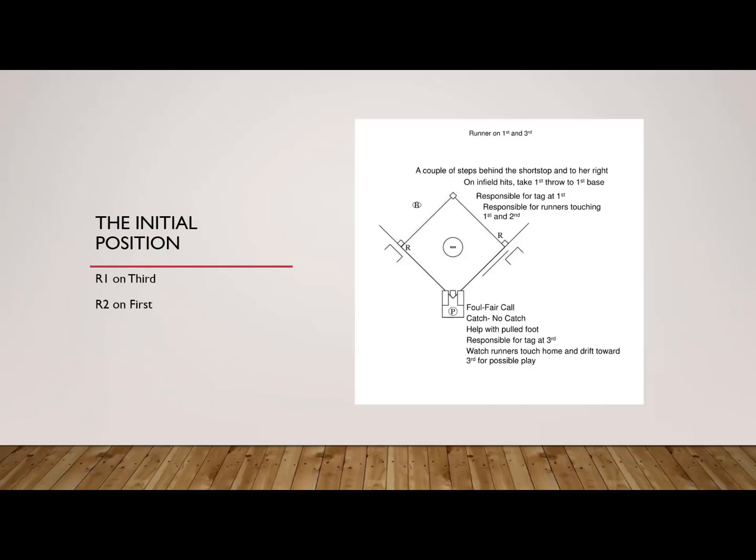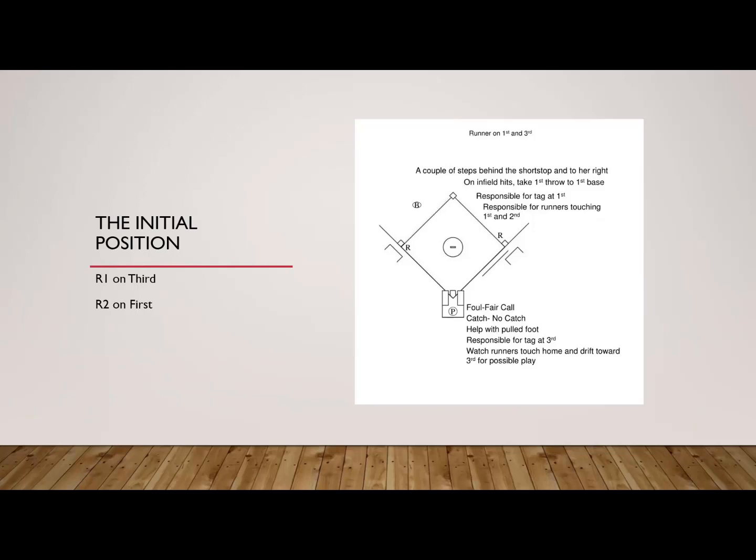What about first and third, Linda? First and third. Well, in that situation, you as the base umpire definitely have a little bit more responsibility because now you have to be responsible for watching both runners. You will be on the right side of the shortstop, about 4 to 5 feet behind in the ready position, of course, with your hands on your knees.